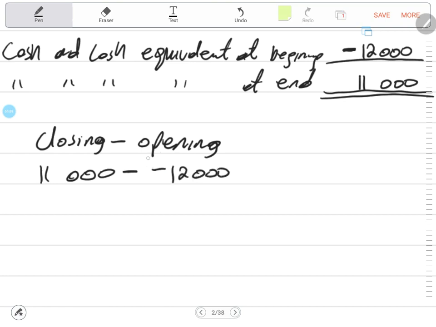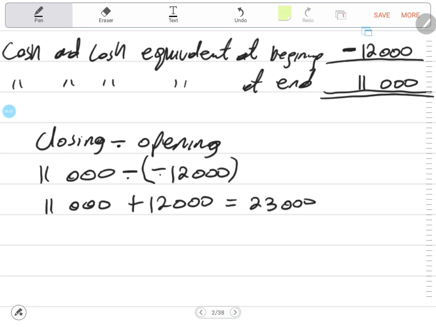So now, if there are two signs, we put brackets. Then negative times negative gives us positive. So now this becomes positive 12,000, no longer negative, because the minus which comes from the rule is there, and 12,000 is also minus. So minus times minus gives you a positive. Then we say 11,000 plus 12,000 is equal to positive 23,000 rands.